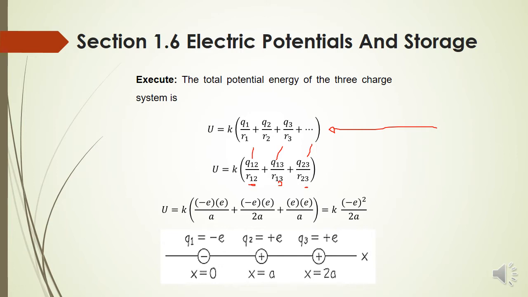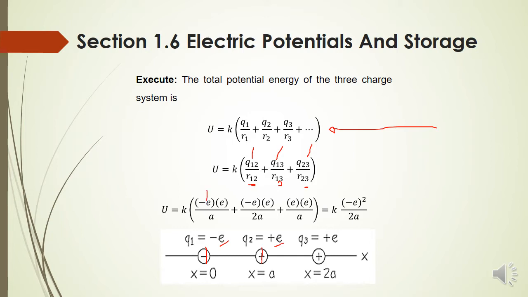And now we can get for this Q12 over R12, it means that Q1 in relation to Q2, and that is Q1 is negative e and Q2 is positive e.